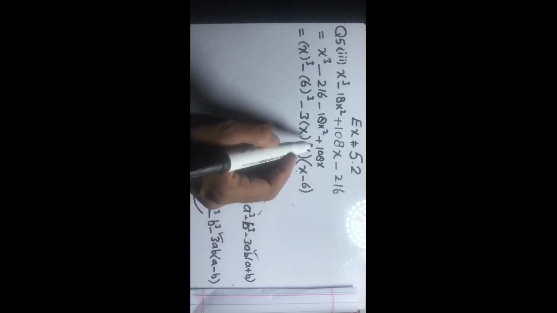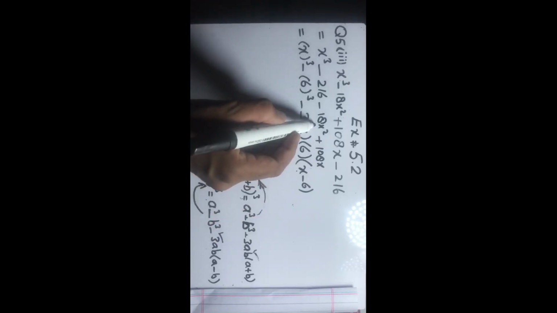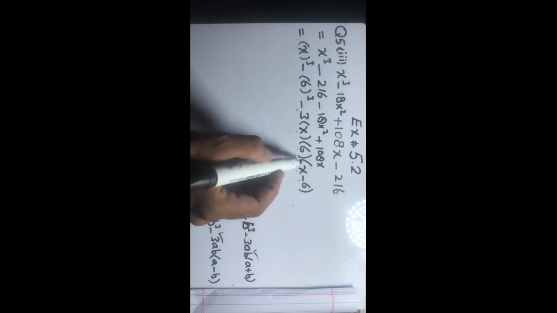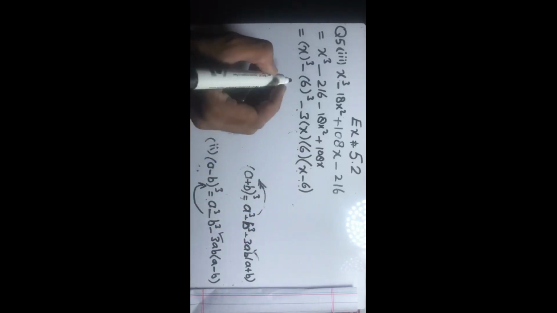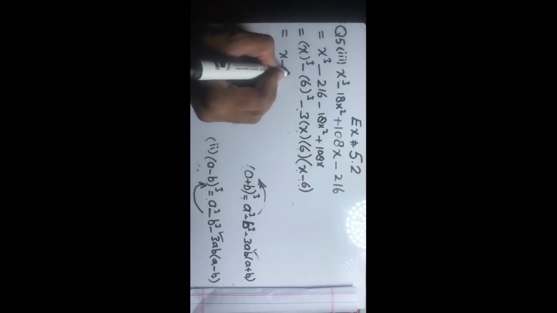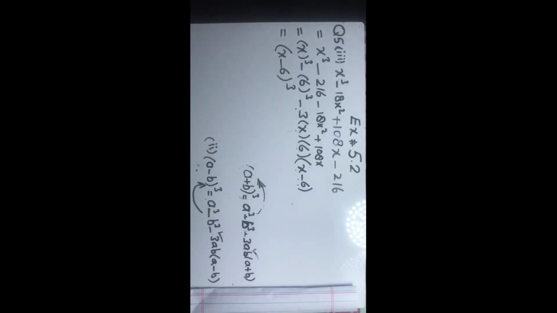Minus minus plus, 3 into 6 is 18x, multiplied by 6, we get plus 108x. Now as a complete cube, we can write this as x minus 6 whole cube, and the question is solved.